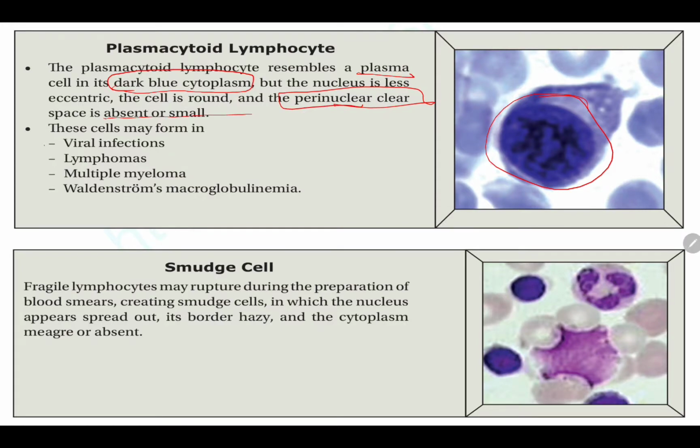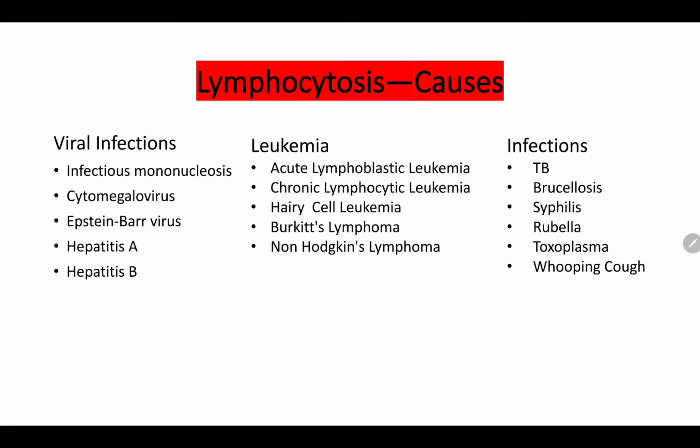This may be seen in viral infection, lymphoma, multiple myeloma, and Waldenstrom macroglobulinemia. Now, the smudge cell is a fragile lymphocyte ruptured during the preparation of the smear, creating the smudge. It is not specific but commonly seen in CLL.